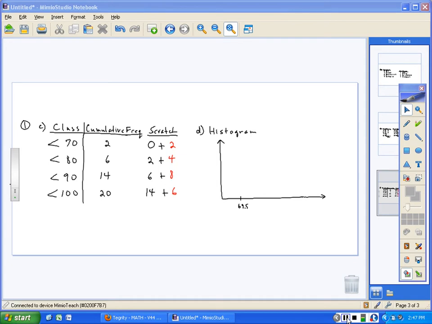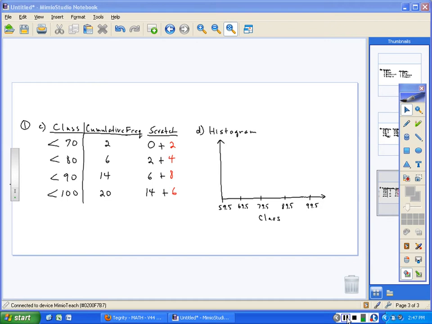And then the next one would be 79.5, and then 89.5, and then 99.5. But we need a beginning class boundary, so looking at the pattern, you can see that the first class boundary has to be 59.5. I didn't tell you what this data represents, so you can't label it with anything, maybe just class.